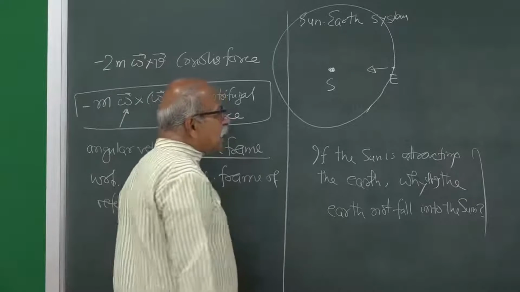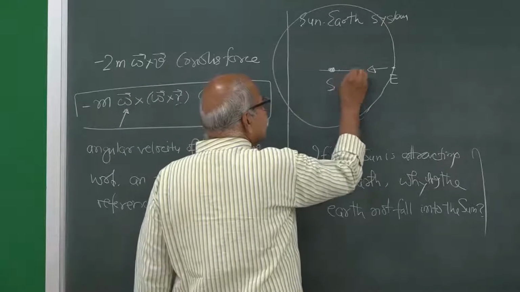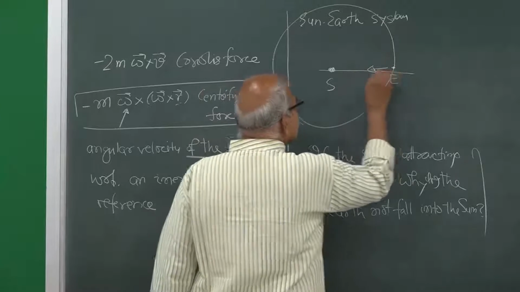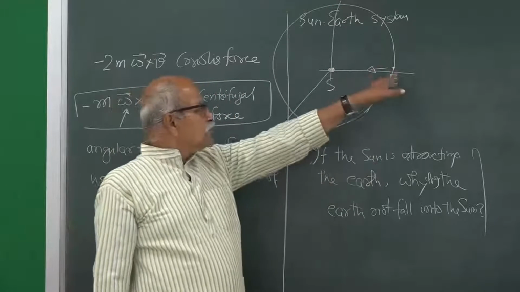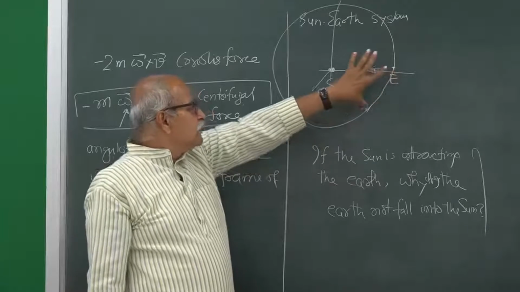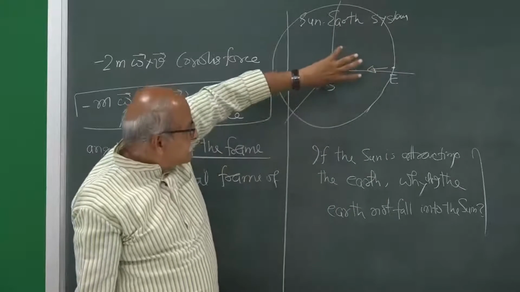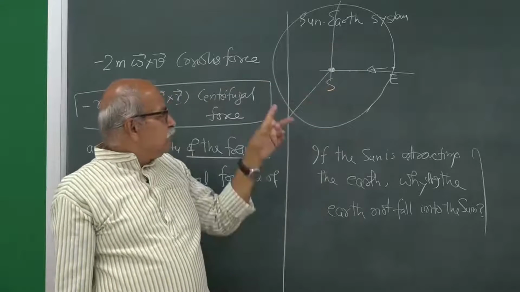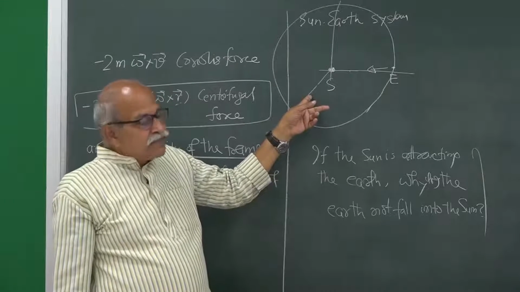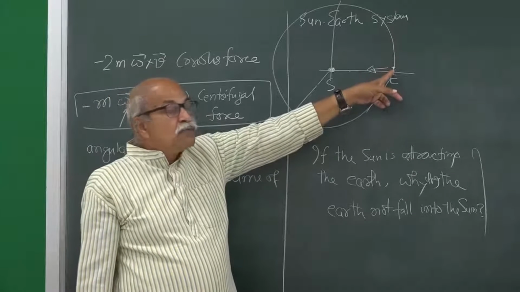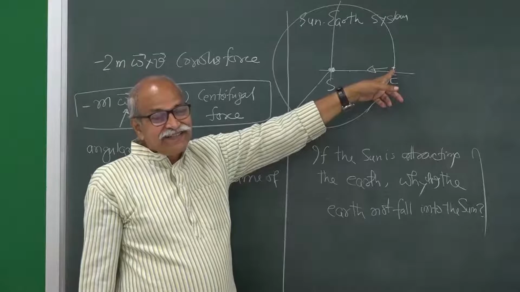Now, if you want to answer from the rotating frame, that means you make a frame where the axes are rotating. You can put your earth on the x axis if you so like, and as time passes in the inertial frame, this earth is moving and this frame is also rotating. So, if I use that rotating frame, then the earth is not moving, earth is at rest.